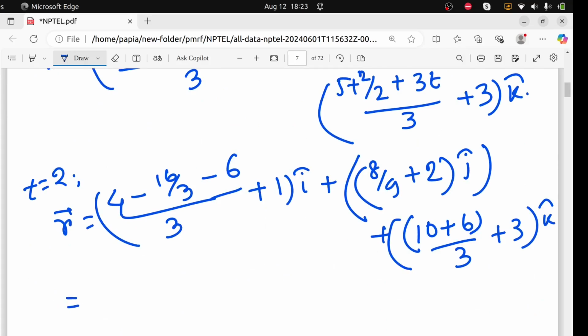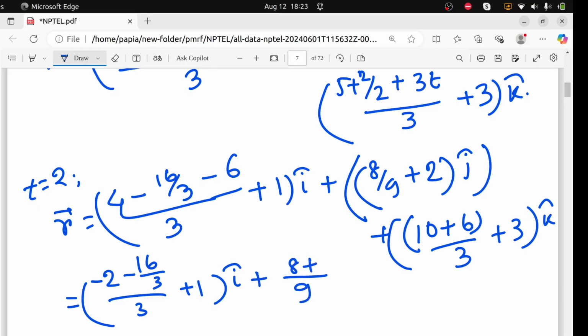So this will be minus 2 minus 16 by 3 by 3 plus 1 i cap, plus 8 plus 18 j cap, plus 16 by 3 plus 3 k cap.